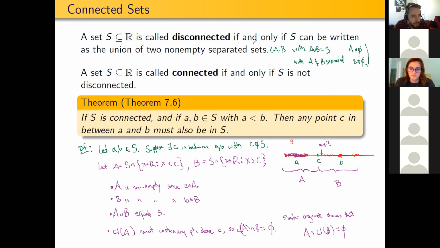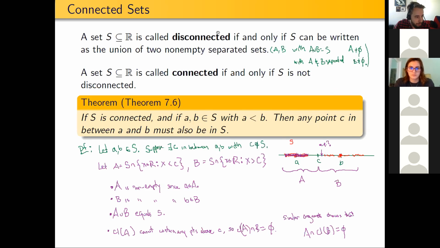The closure of B necessarily sits above or equal to C, while A continues to sit below C. So our two sets, set A and set B, are separated. And so we have successfully divided our original set S into these two different pieces.